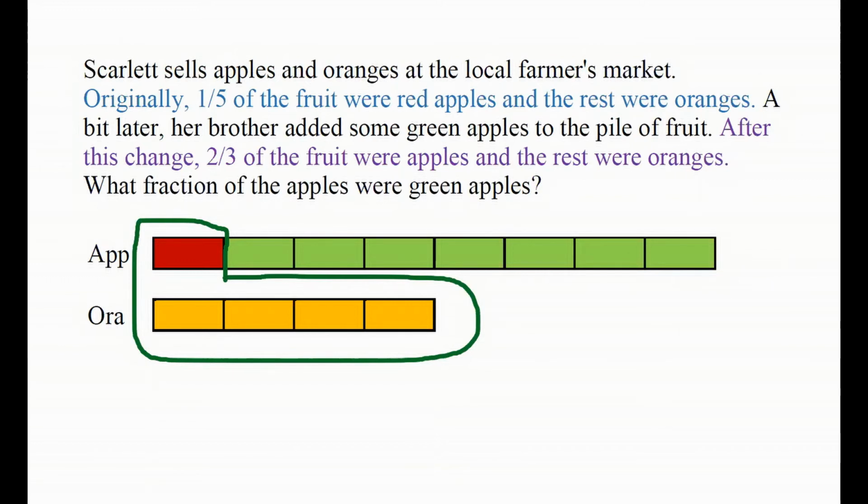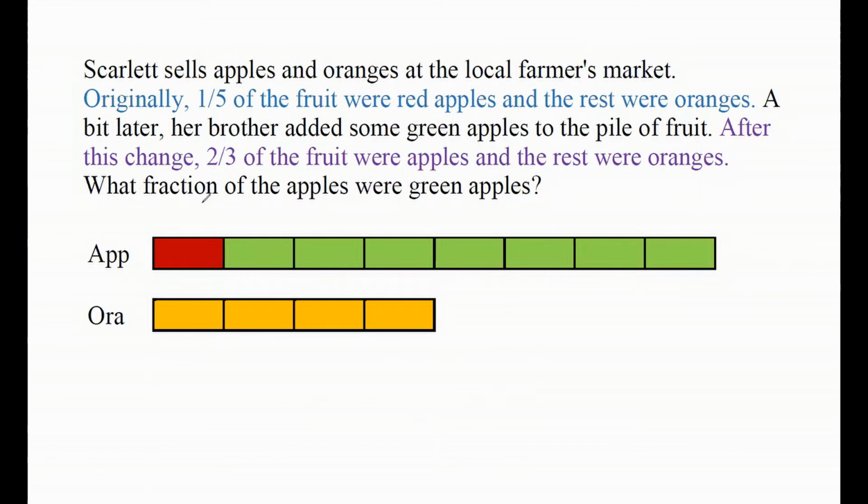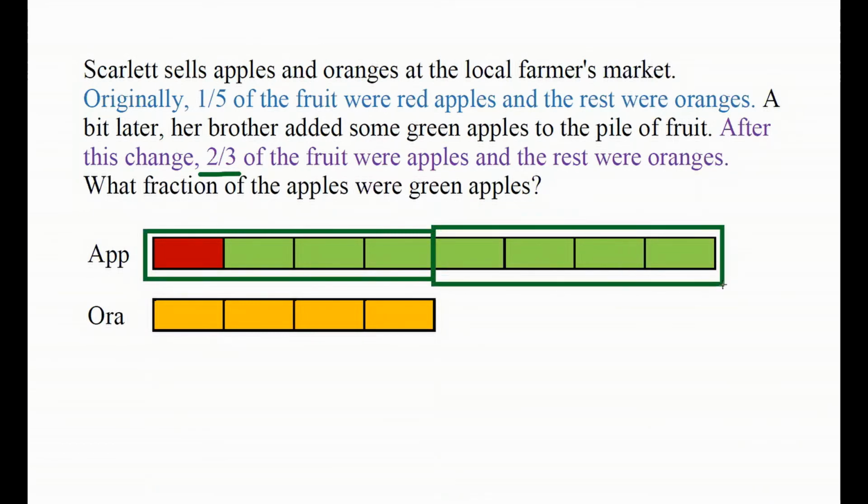And after green apples were added, 2/3 of the fruit were apples and 1/3 were oranges. So clearly, if this is 2/3, 1/3, 2/3, and this is the other 1/3. So everything works out. My picture is consistent with the blue sentence, and it's also consistent with the purple sentence.